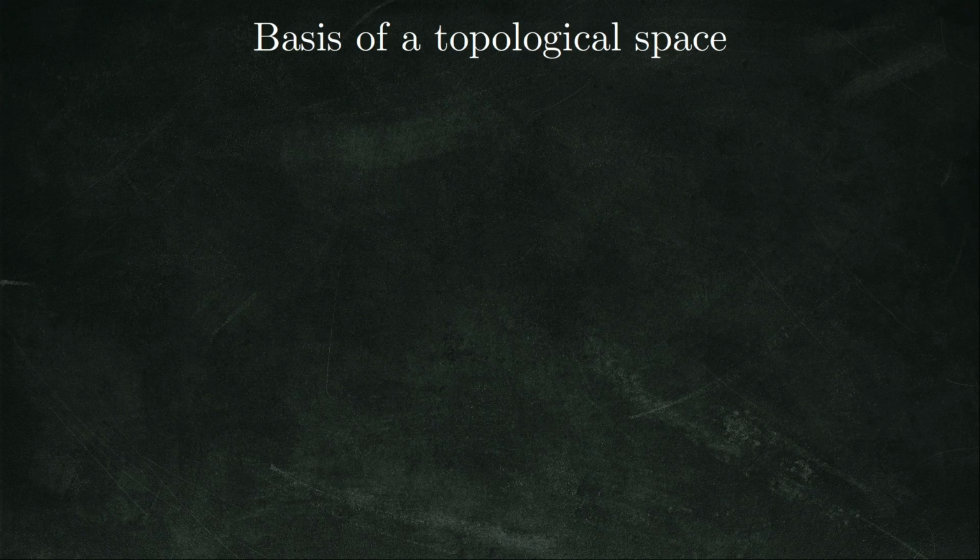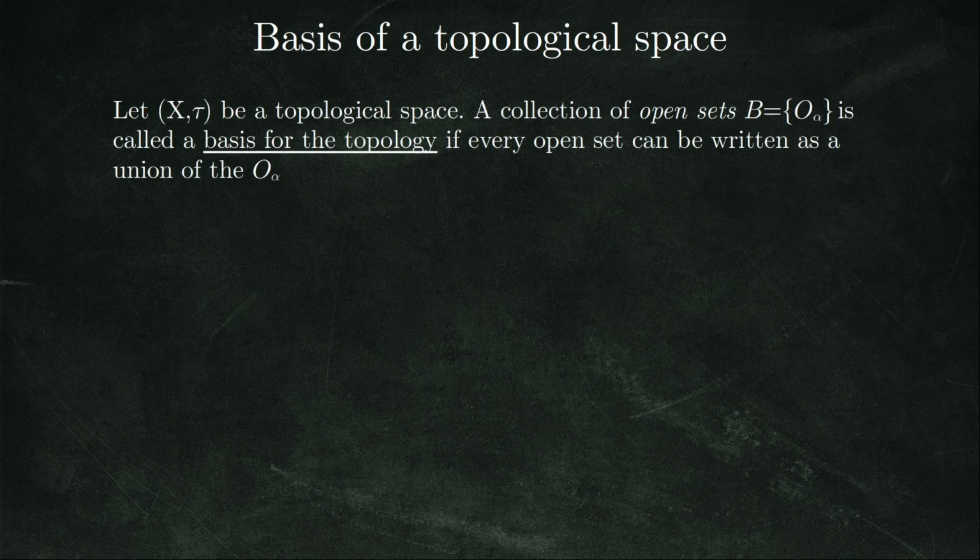We're now going to look at the idea of a basis of a topological space. Now this is a similar idea to linear algebra, where you can write any vector as a sum of elements in the basis. Well, here you can write any open set as a union of sets in the basis. So let X, tau be a topological space.